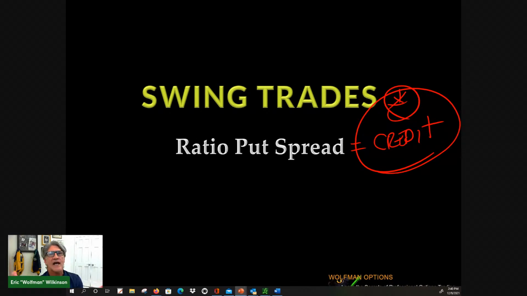And there's no reason to add on a layer of risk with this strategy and then still have risk in both directions. Because if I do this for a debit and the market goes opposite and starts rallying, because this is a bearish strategy, I'm going to lose that debit. So I've added risk to both sides. So when you're doing a ratio put spread, you have to build it out so that you come away with a credit or at least a scratch, meaning no change of money.